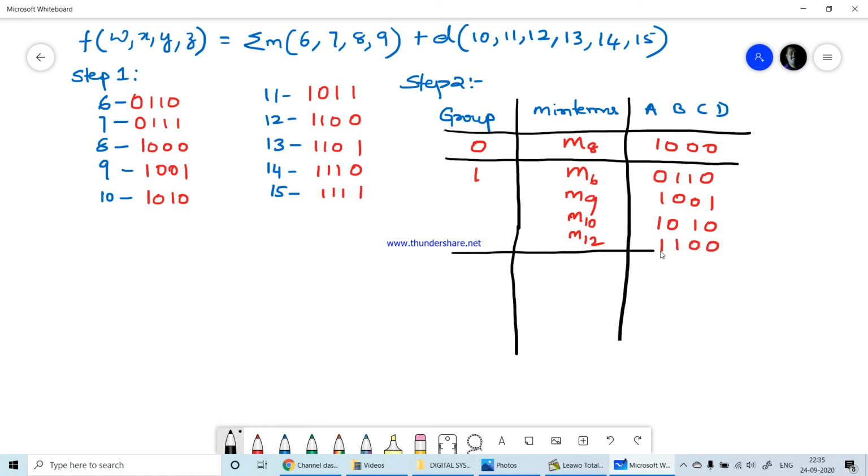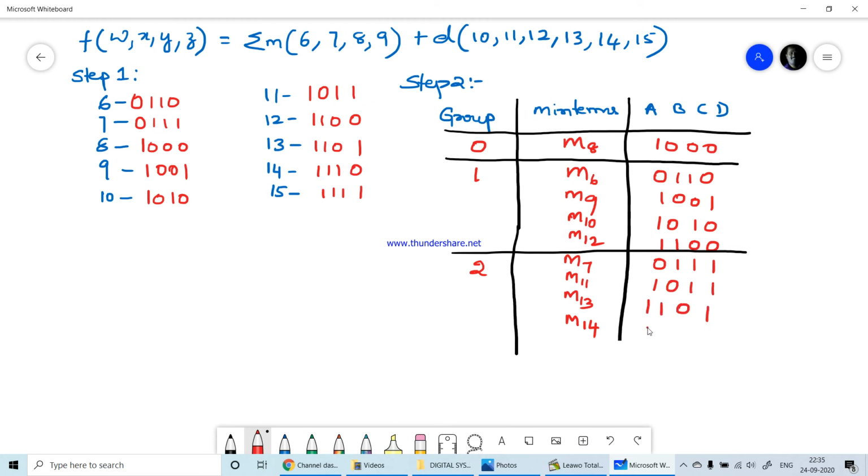Coming to the next group, which is the second group, where you see 3-bit sequences. So we have M7, then M11, M13 and M14. M7 is 0, 1, 1, 1. M11 is 1, 0, 1, 1. M13 is 1, 1, 0, 1.